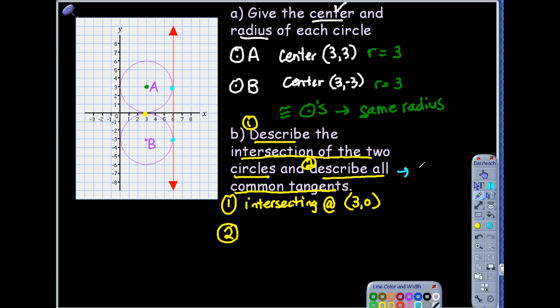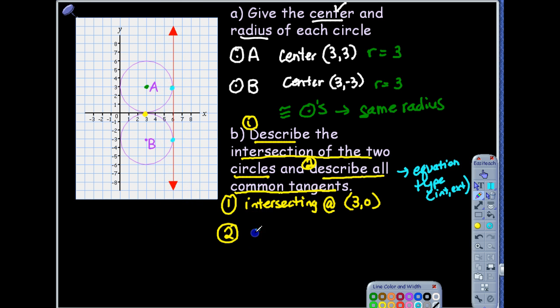Let me make a little side note. When we describe, you're going to tell me the equation, and because we're talking about common tangents, you probably need to tell me the type, so internal or external. Let's start with the red one. Is this a common internal or external tangent?